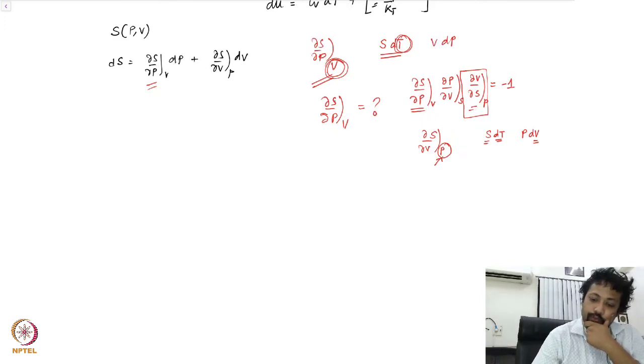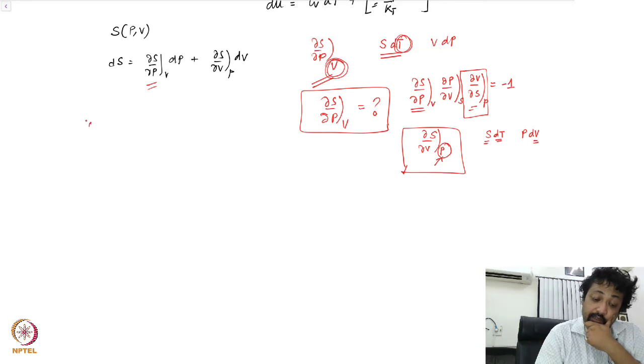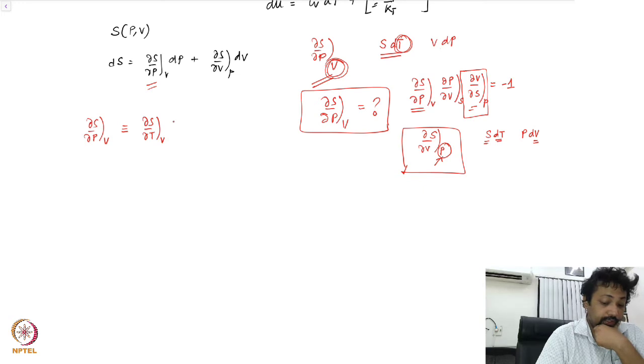So there is no easy way out for doing these things. So how to proceed with these two quantities? It might look very, very complicated at first, but you see del S del P volume constant is equivalent to saying that I have del S del T volume constant, del T del P volume constant.